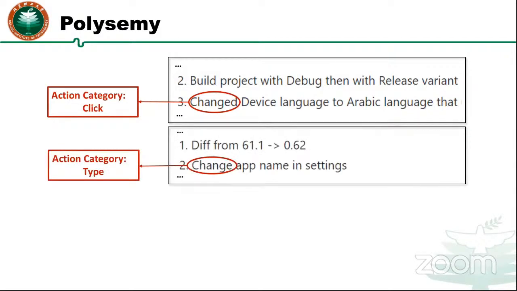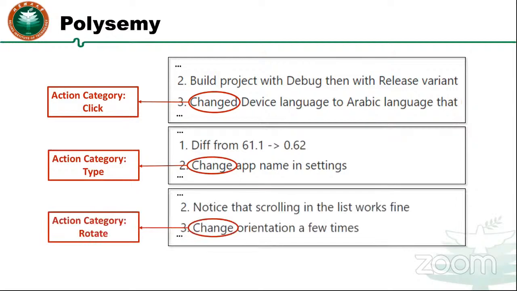Change app name in settings means the user should type in a new name for the app. Change orientation is to rotate the device. Such polysemy makes it difficult to classify action words solely based on the words themselves. Their context should be considered as well, but static vocabularies do not take such context into consideration at all.